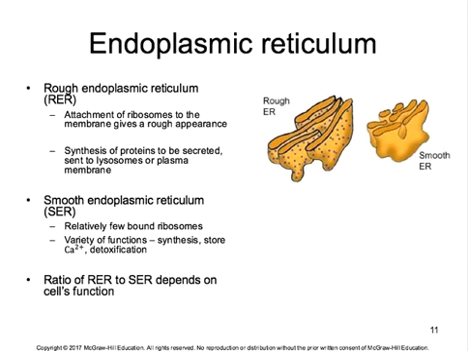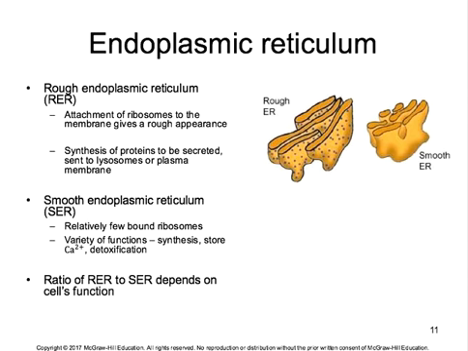So like I said, there are two types of endoplasmic reticulum. So you have rough endoplasmic reticulum, and they're rough because they have these ribosomes attached to the endoplasmic reticulum, which gives them this rough appearance. And this is where the synthesis of proteins to be secreted in or out of the cells is going to be made. And then you have something called the smooth endoplasmic reticulum, which you can see here.